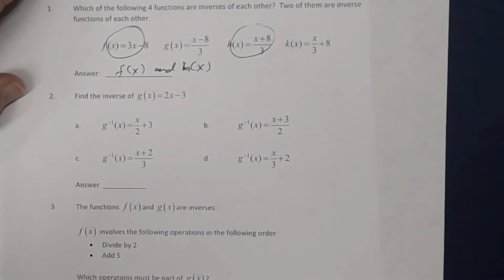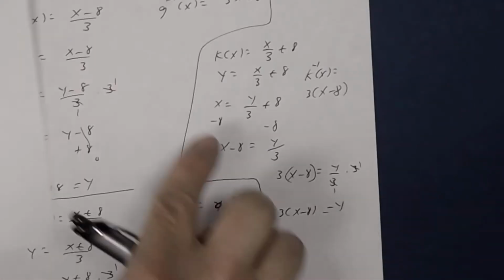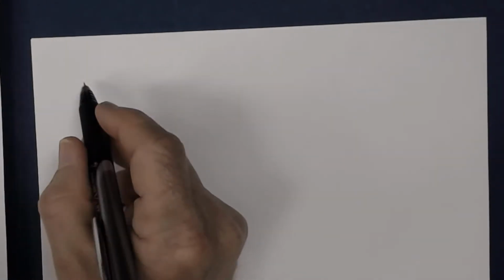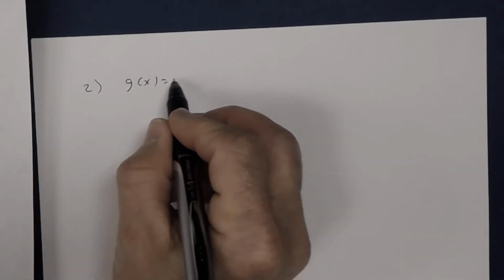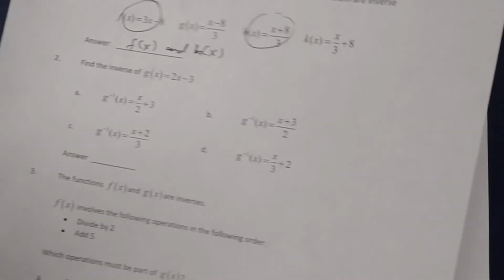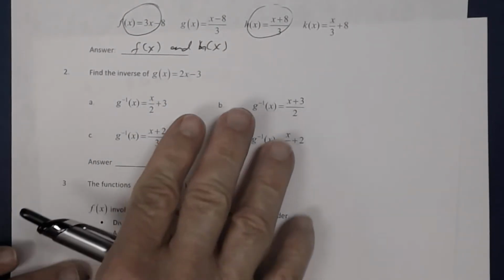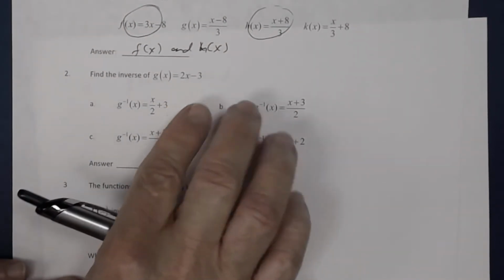Okay, number 2, you want to find the inverse of this. So let's go ahead and do number 2 by using that algebraic approach. We have g of x is equal to 2x minus 3, and you want to find the inverse. Now, by the way, this is easy enough to where you could think about it.